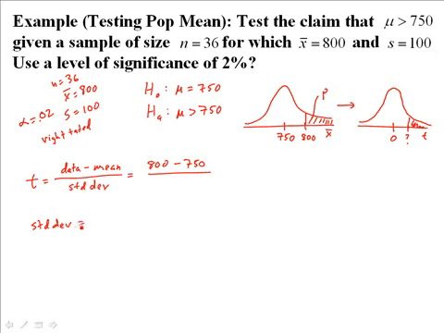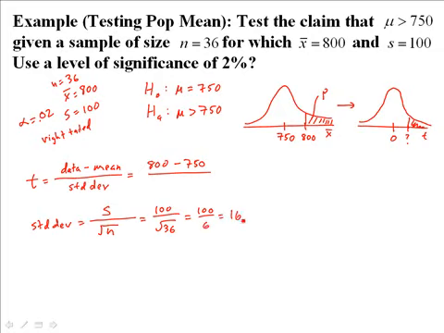It's not just the sample standard deviation that was given to us. Because we're dealing with the x-bar distribution, it's the sample standard deviation, but since things are clustered much more closely near this 750, to account for that, for the x-bar distribution, we divide by the square root of n down here. So that's 100 on the top, and the square root of 36 on the bottom, so it's about 100 over 6.